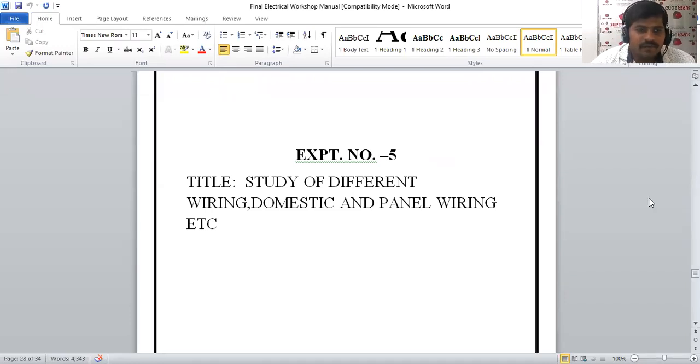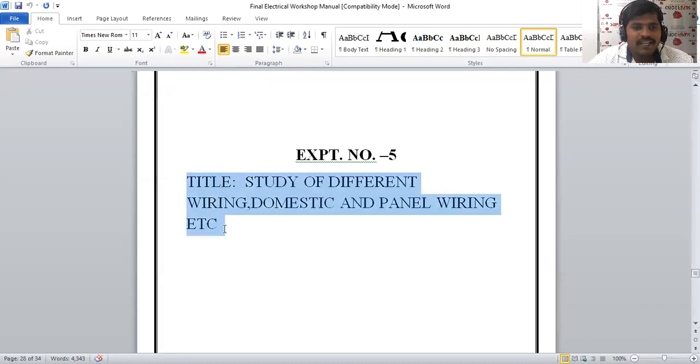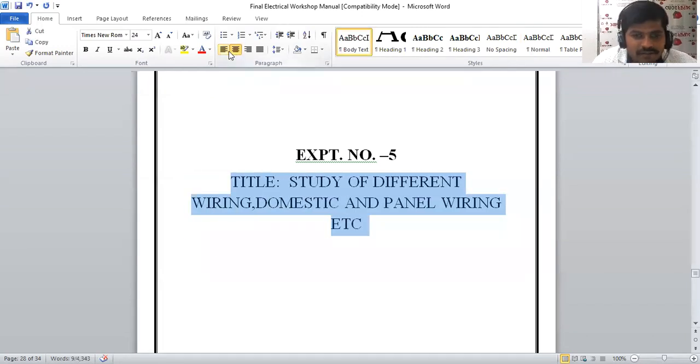Types of wiring include simple wiring, staircase wiring, domestic wiring, panel wiring, or godown type wiring. So the title of this experiment is the study of different types of wiring.